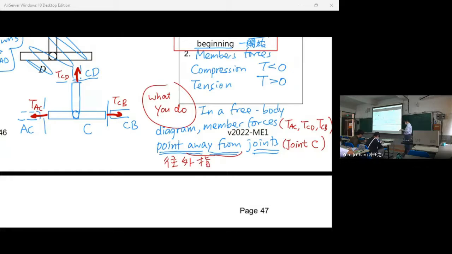So the direction should be away from the joint. You write it down first, and then I will show you another example.